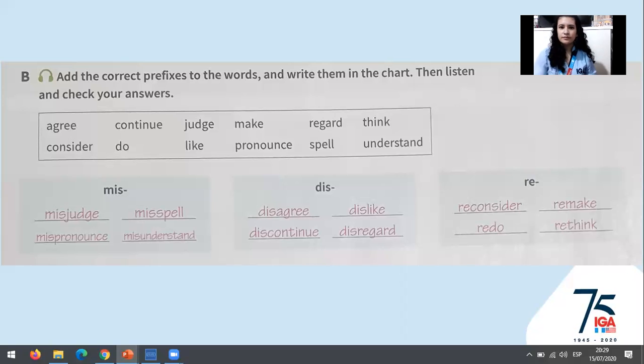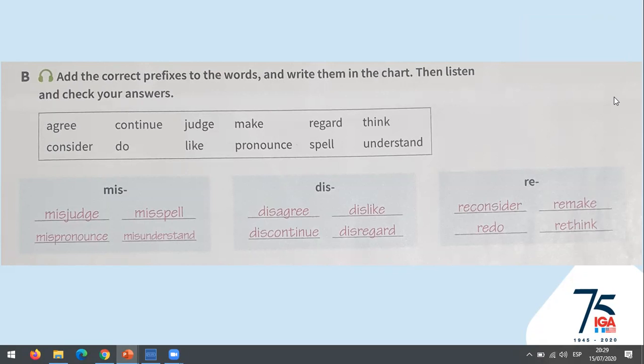Exercise 1. Vocabulary. Prefixes: mis, dis, and re. Mis: misjudge, mispronounce, misspell, misunderstand.